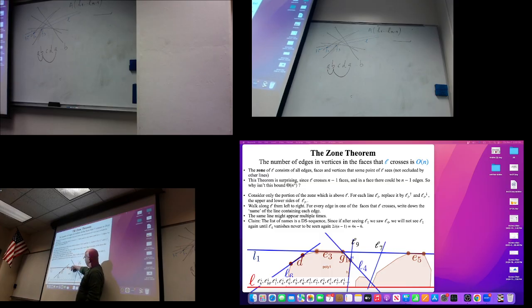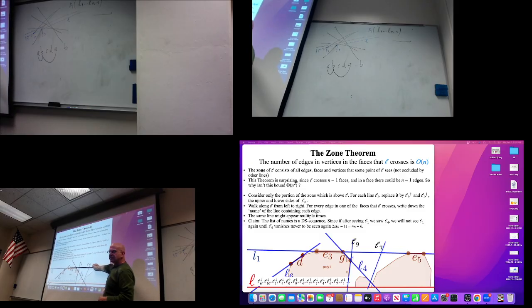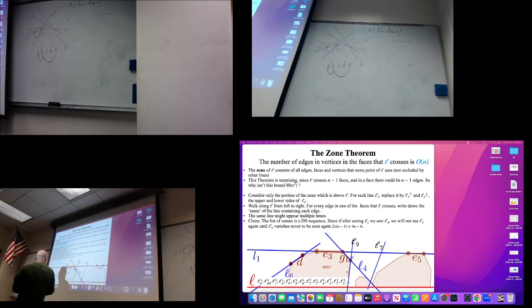And to make it cleaner, I will even replace every line Li by two sides of the line. The upper side, which I'll denote Li upper, for example, L1 upper side, the one that you see, or L1 lower side. For L itself, it only sees, of course, the lower side of L1, but see now in a moment what happens.